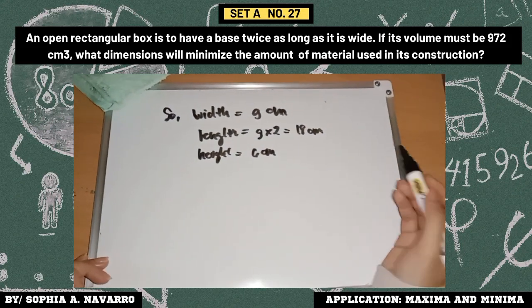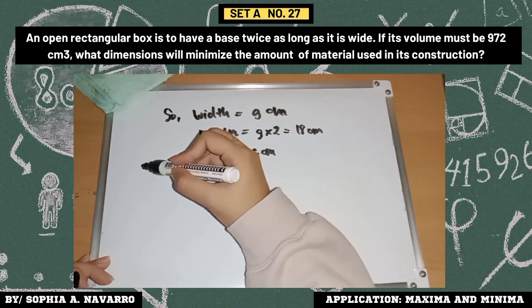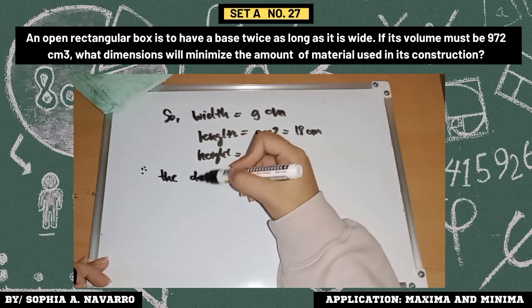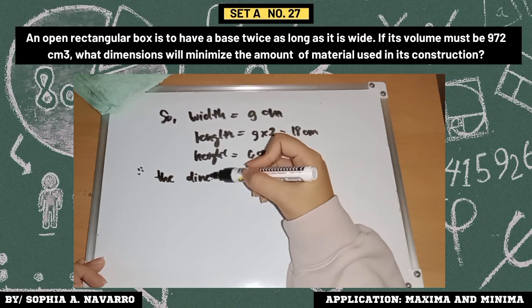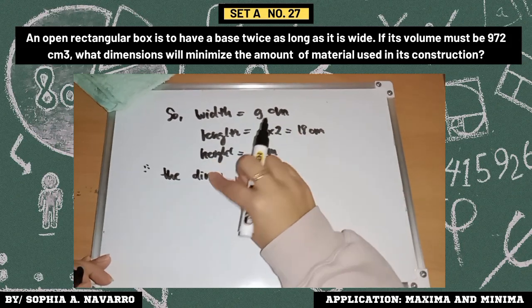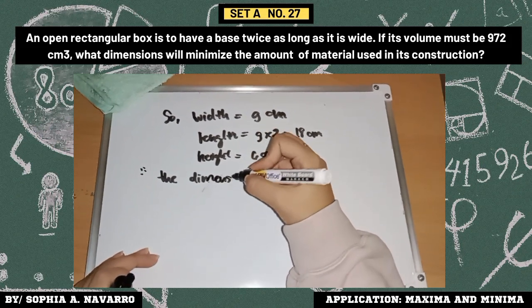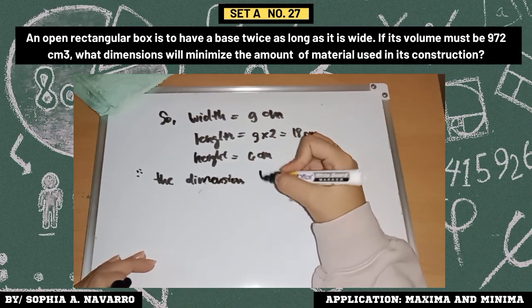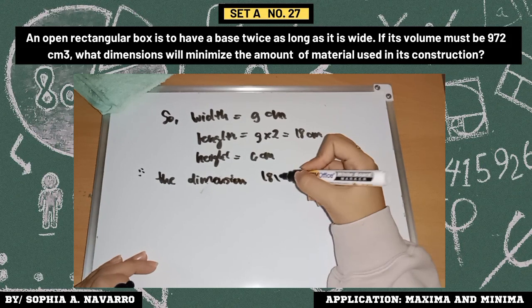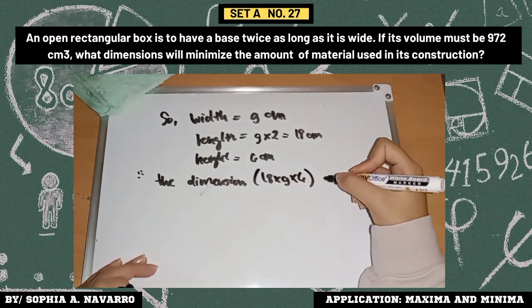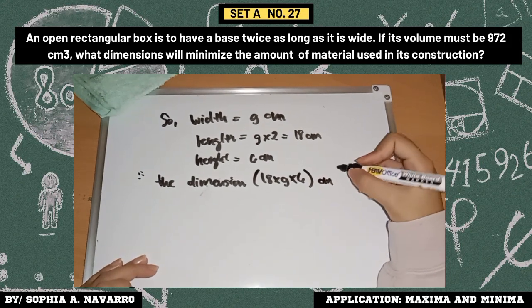So the dimension, or the final answer, will be 18 times 9 times 6 centimeter.